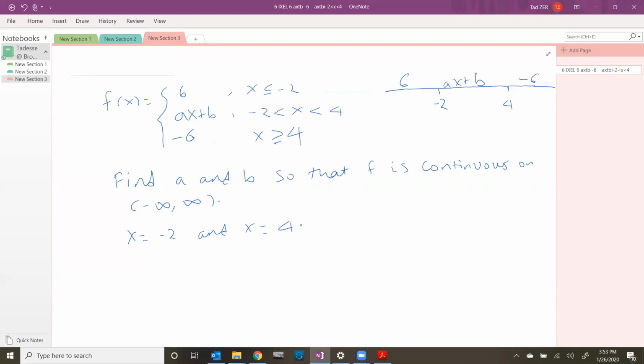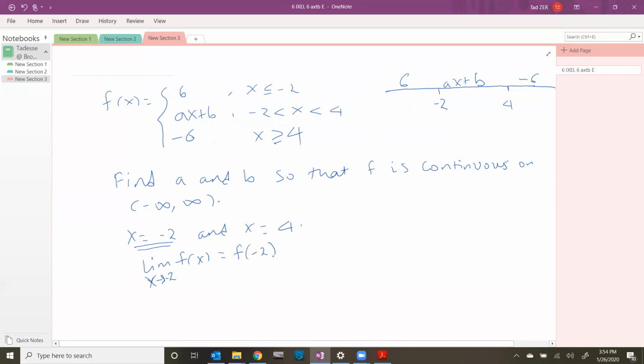Okay. Now, what does continuous mean? This function is continuous at -2 means the limit of f of x as x approaches -2 equals the value of the function at -2.